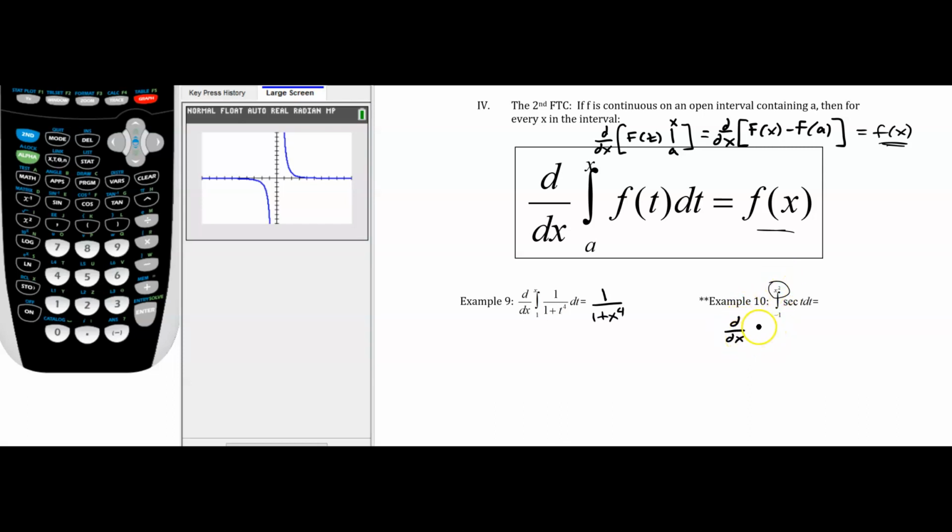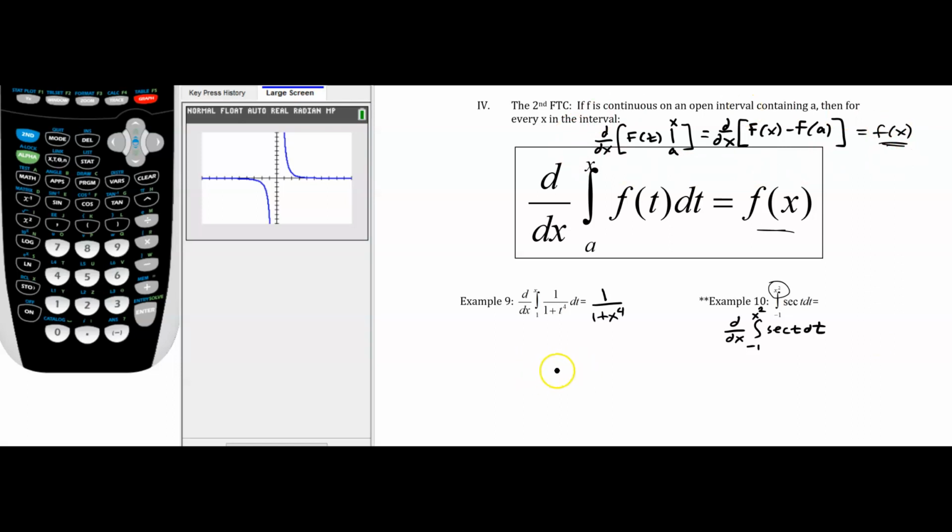So if I'm doing the derivative with respect to x of this definite integral going from -1 to a function of x, it is not as simple as simply saying, oh, it's the secant of x or something like that. But we can kind of go back to what we just did up here and figure out what you would do.